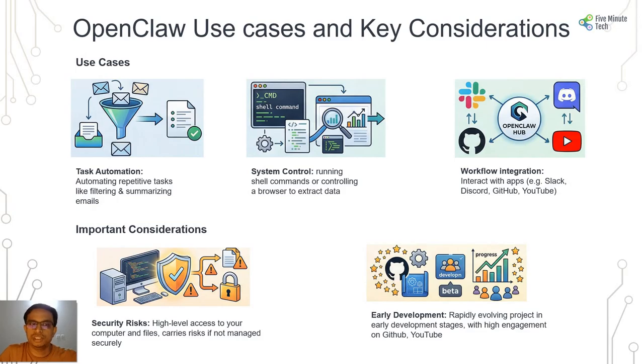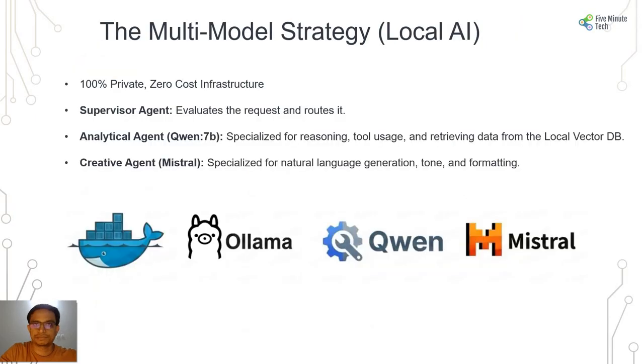But there are important considerations in terms of security risk. It has high level access to your computer and files, and it carries risks if not managed securely. Also it is in an early stage of development, rapidly evolving, with high engagement on GitHub and YouTube, so you can see a lot of hype around it.